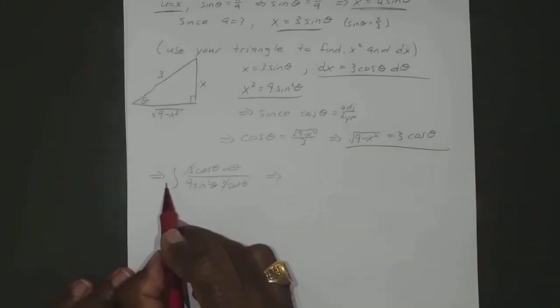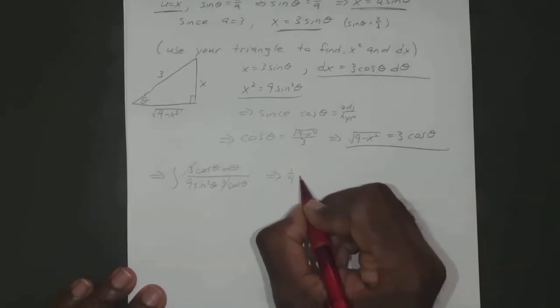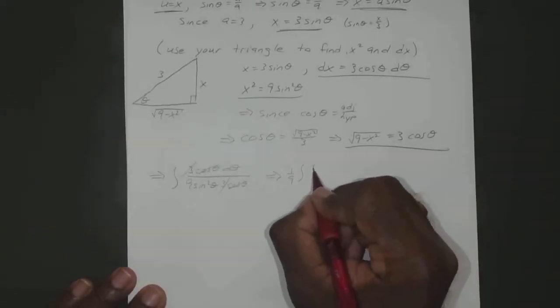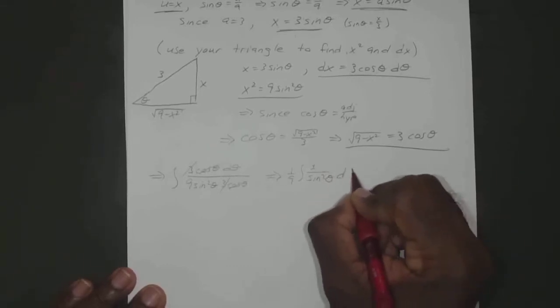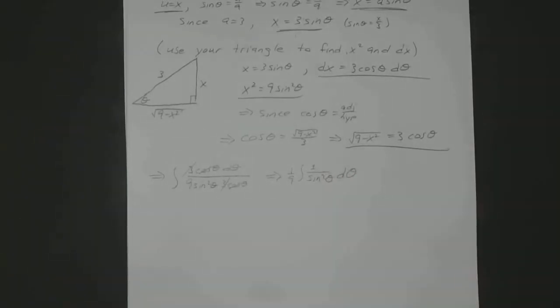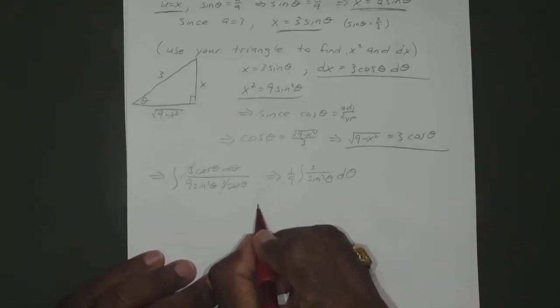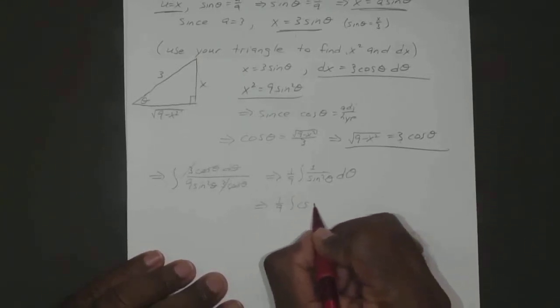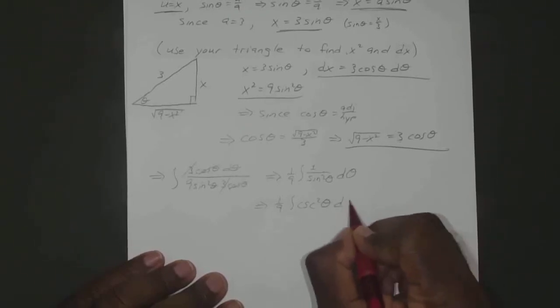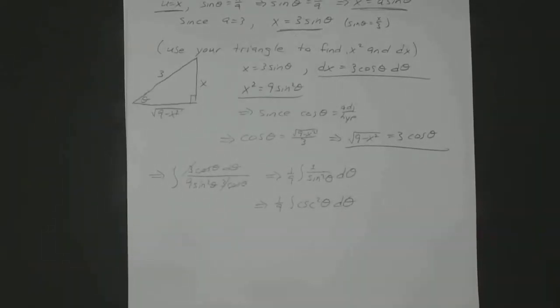If we factor out that 9, we have 1 over 9 times 1 over sine squared theta with respect to theta. Really, that's just the integral of cosecant squared, so 1 over 9 cosecant squared theta with respect to theta.